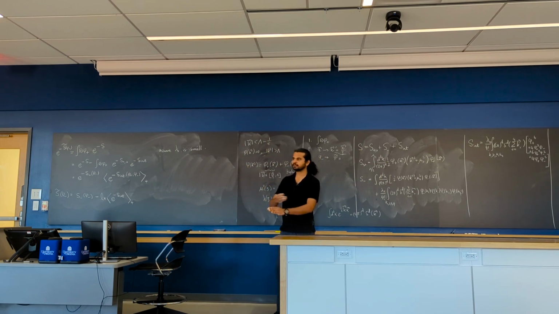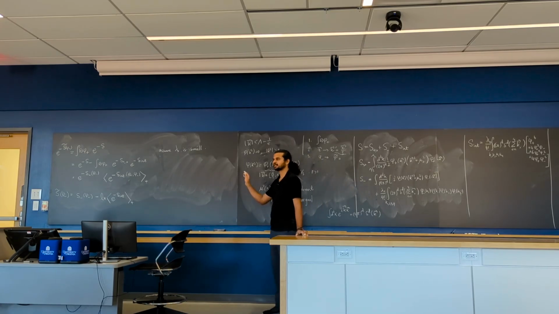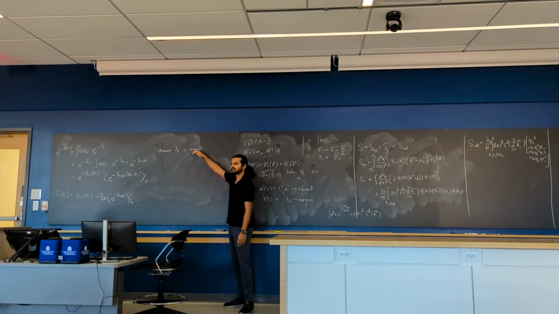If it's irrelevant, we go to the IR and do the analysis. If it's marginal, then it's order 1 already, and we assume perturbation theory is valid. So this assumption is harmless because we can justify it a posteriori.